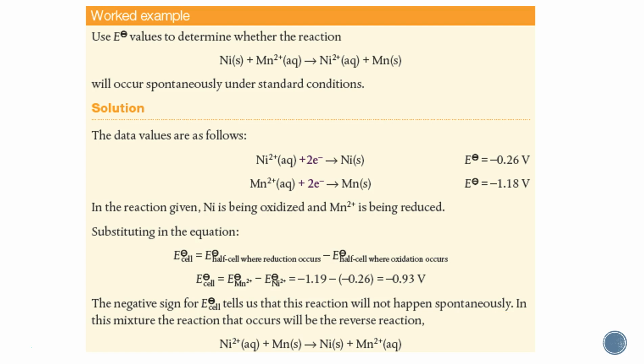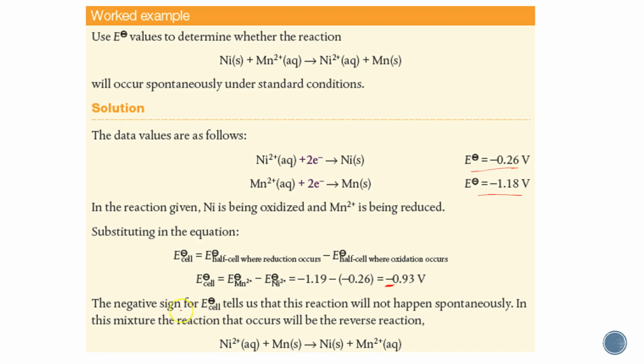So if we have a look at this, we have a nickel and manganese 2+ ion solution here. We can look at them according to their E0 values. So in this case, if we assume that the manganese 2+ is going to be reduced, then we will see that we'll have a negative 0.93 EMF or E0 value.